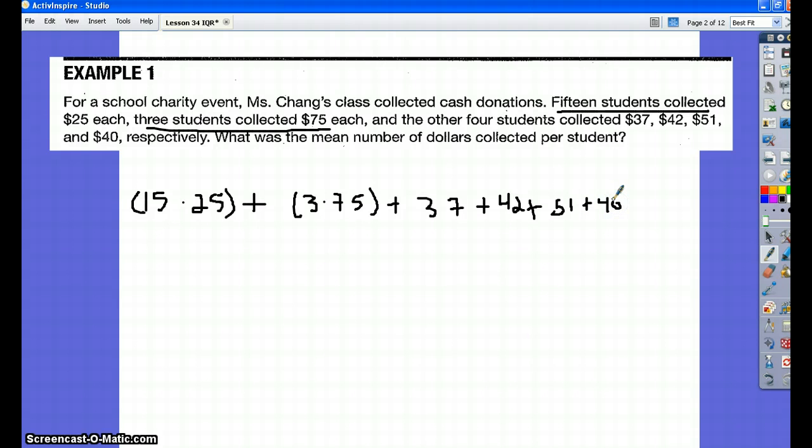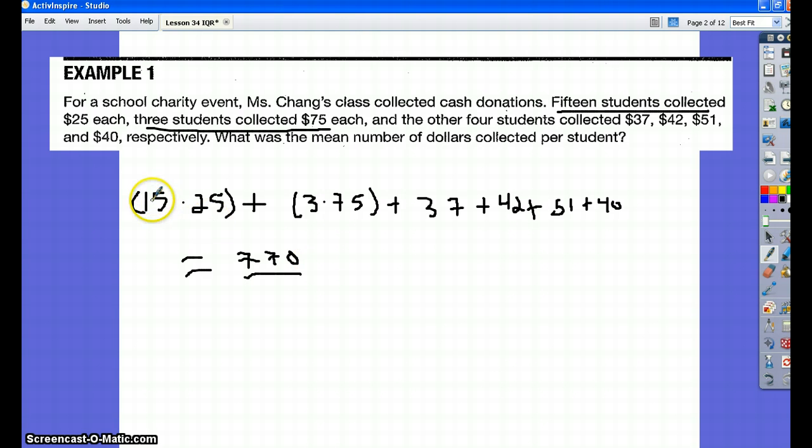So if you were to add all those together, you would get $770. We're going to divide that by the total number of numbers.